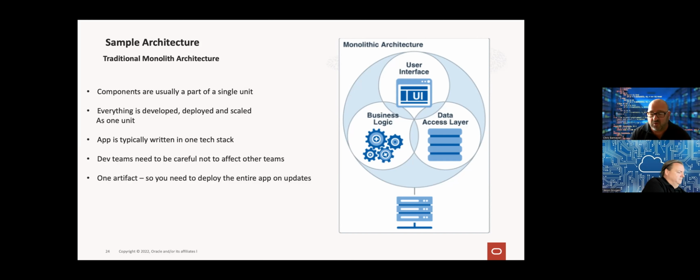Later on, we do things like modules, where we develop modules within the monolith, which made it a little bit easier. But typically, it's all written in one tech stack. You need to be careful about segregation of teams, so teams working on one module may affect other modules, and it's one artifact. So when you're upgrading or modifying, you typically modify and upgrade the entire stack.